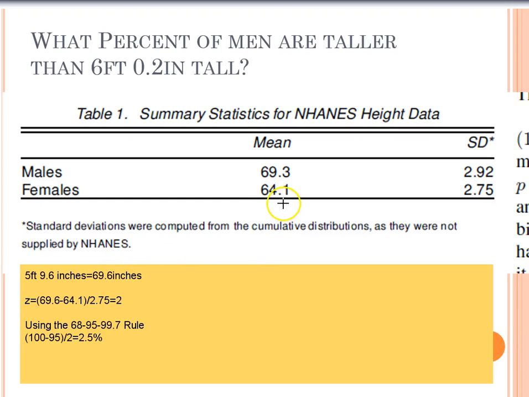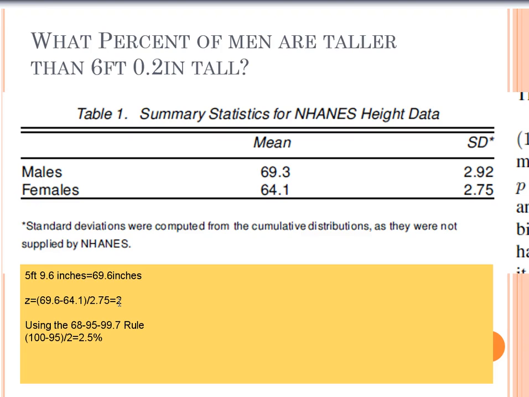So the rest of the population has an average of 64.1 inches. That goes second. So remember, our observation always goes first. The mean goes second. And then we're going to divide that total difference by the standard deviation for the females, which is 2.75. Once we calculate that out, we're going to get a z-score of 2.